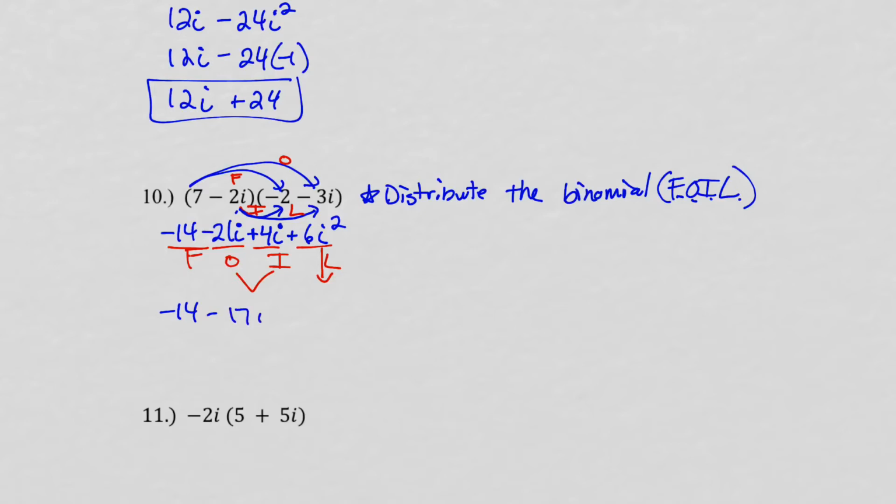Keep the sign of the larger digits, so it's negative 17i. And then 6 times negative 1. And so now we know we're going to do negative 14 minus 6. Okay, so that is negative 20 minus 17i, and we are done.